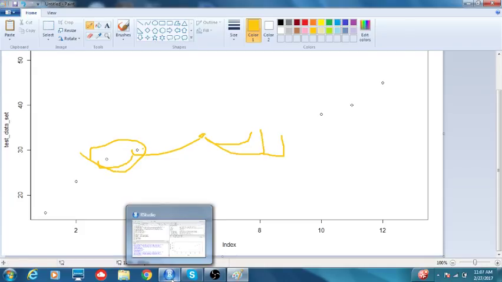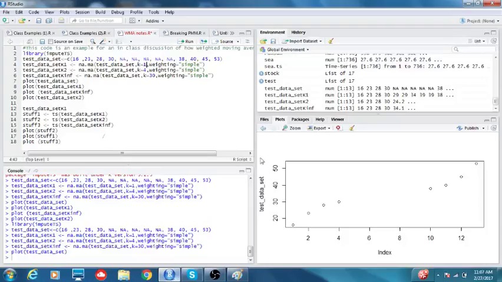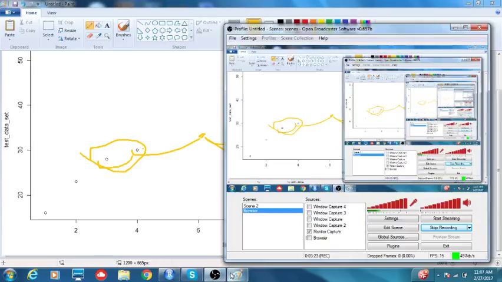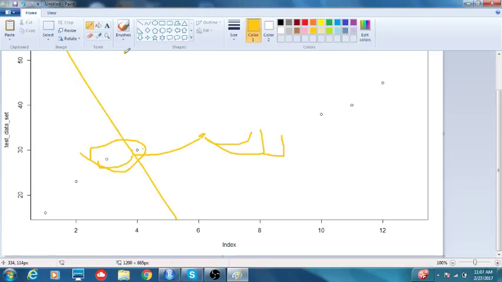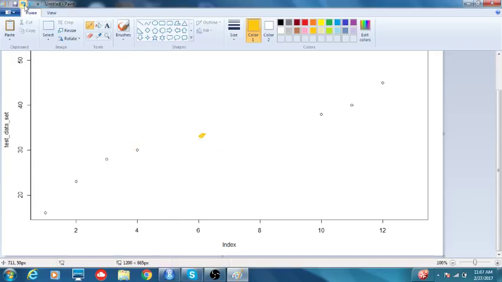So I would like you to pause the video right now and tell me, if I chose K of 1 on our data set with 5 missing values, what would our data set look like? Alright, so the answer is we're going to get a point that looks like this. We're going to get the average between these 2 points, and we're going to get a horizontal line, in this case of only 2 points.